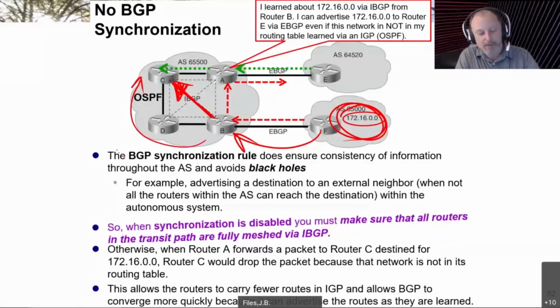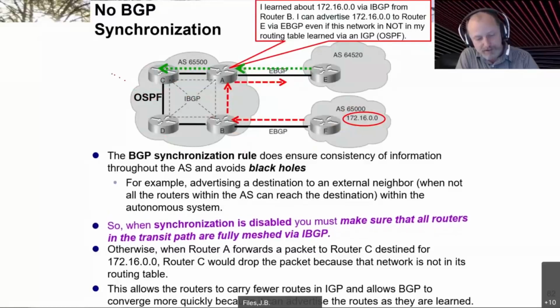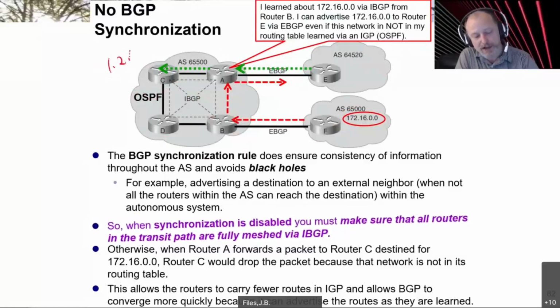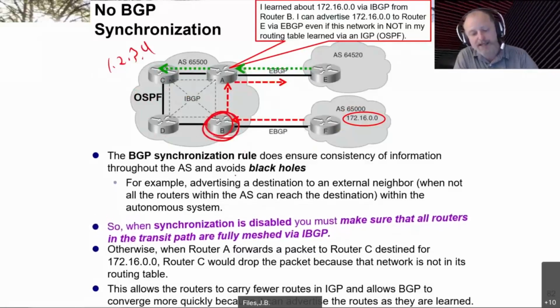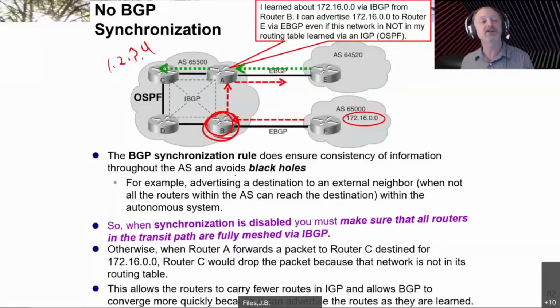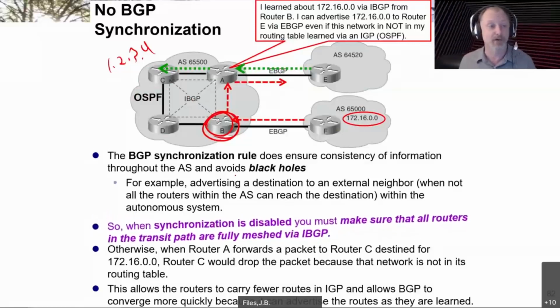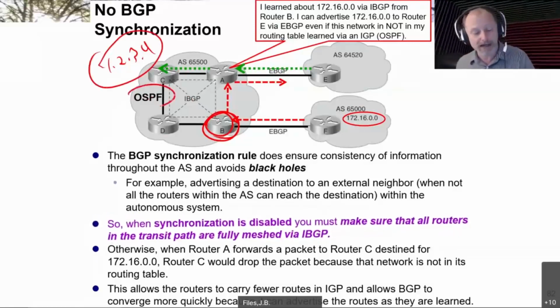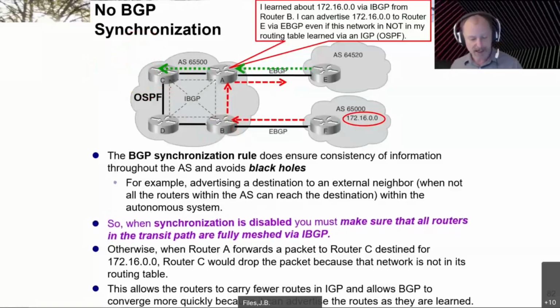Let's say router C is 1.2.3.4. And so router B needs to send that advertisement to 1.2.3.4. It then has to look in its routing table and say, how do I get to 1.2.3.4? Well, it's only going to learn about that because of OSPF. So you can think of it like this.